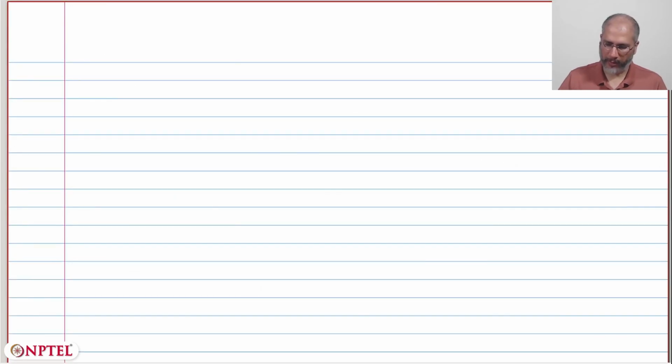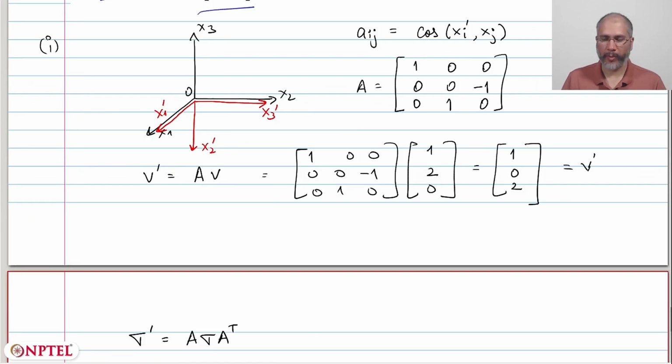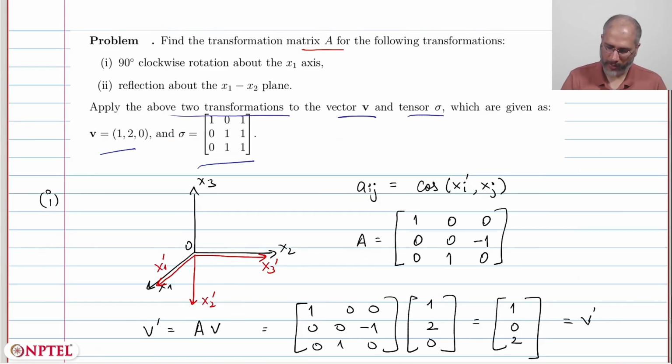Next is to find the transformed tensor components, that is to find sigma prime, and we showed that this is equal to A sigma A transpose. So I'll let you do the multiplication. You already have A, you can find the transpose of A, and sigma is given to us as this tensor.